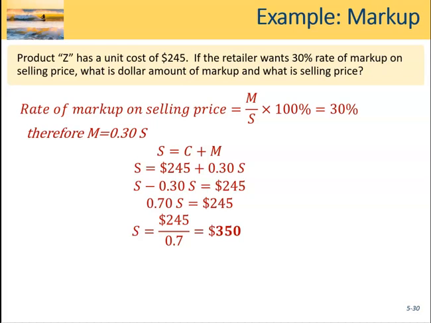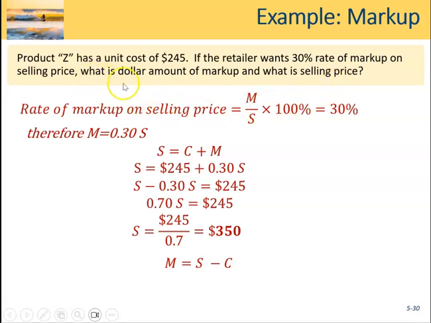And then we have 245 divided by 0.7 on the right side. So S equals 245 divided by 0.7 gives us a selling price of $350. So therefore we have solved the selling price.